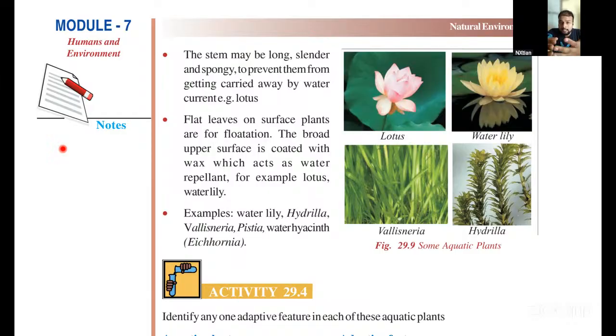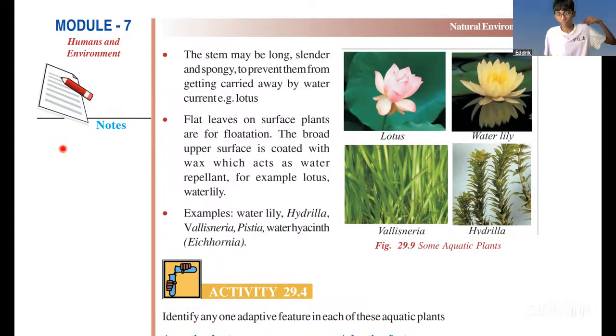The leaf's parenchymatic cells have trapped air, and that trapped air helps the lotus float on the water. So this is also called an adaptation.